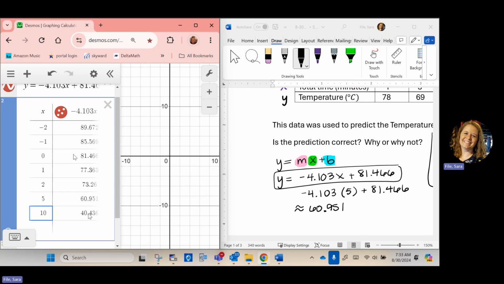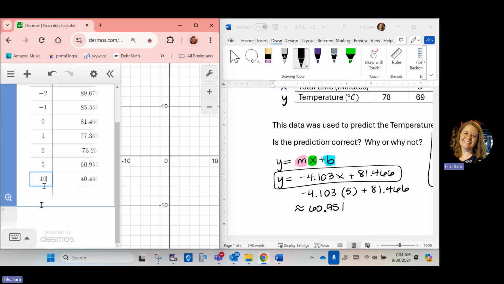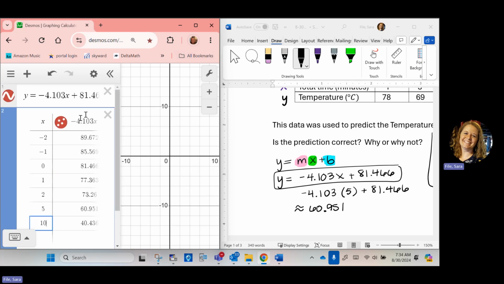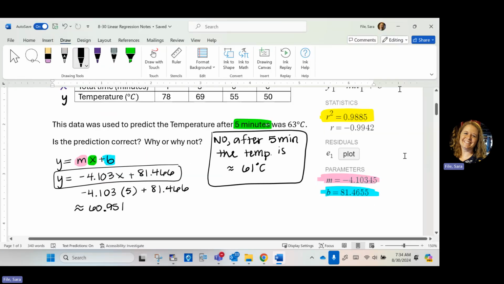So sometimes it may be easier to type the equation as y equals mx plus b and make a table for that data, and then you can type in whatever X value they're asking you to predict for. Now if you're only making one prediction, I don't know if that's much faster than the way we did it before, but it's another option, a way that you can make those predictions.